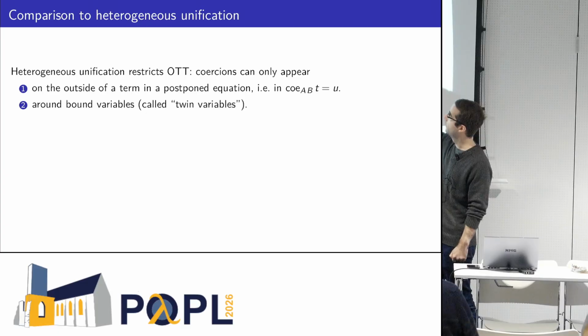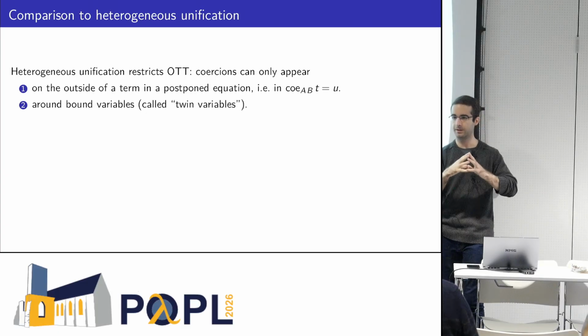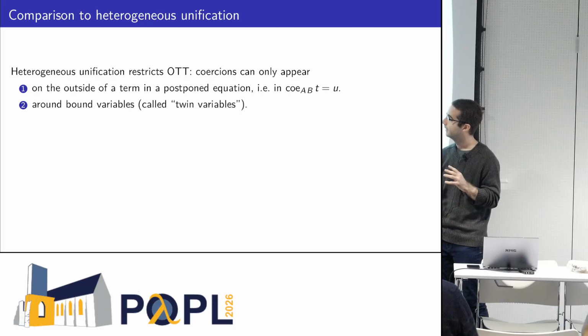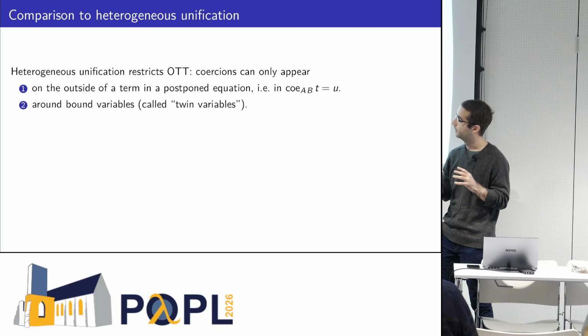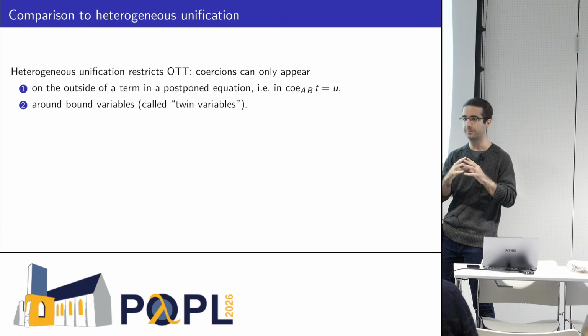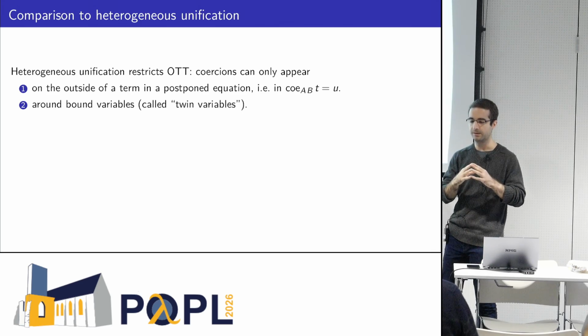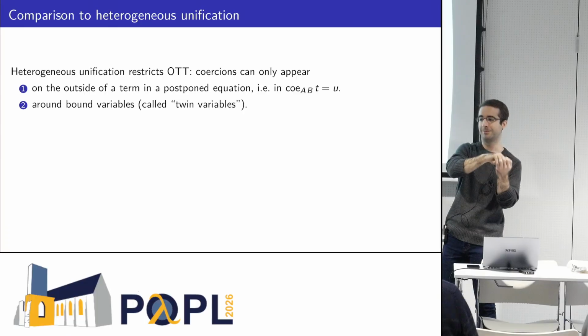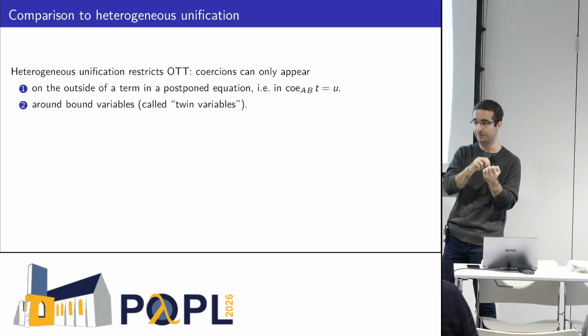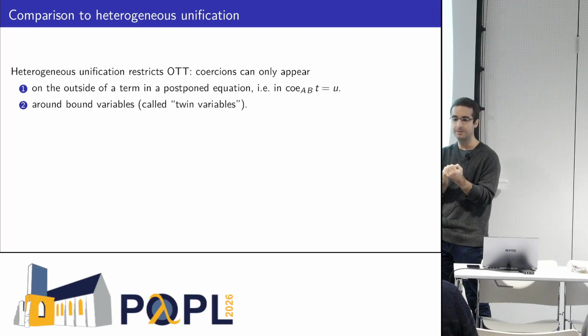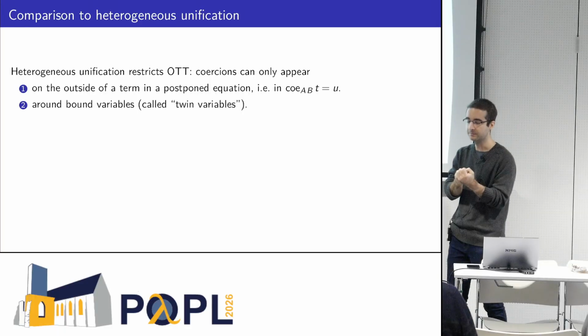And then we have rules for decomposing these heterogeneous equalities. It is also possible to put coercions just around bound variables, because when doing this unification we have to go under binders. So whenever we go under a binder, we allow just the bound variables to be coerced, but not anything else. And this is sufficient to have a reasonable unification algorithm.